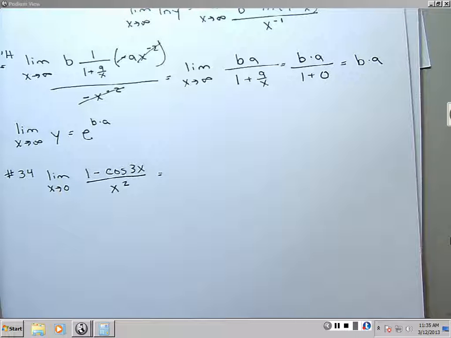Ideally, if you write this down. I get 9 cosine of 3x over 2. Right, because when I differentiate, I have 3 sine of 3x, and when I differentiate that, I have 3 times 3 cosine of 3x, right? So you had to be careful with that. I think most of you got that.